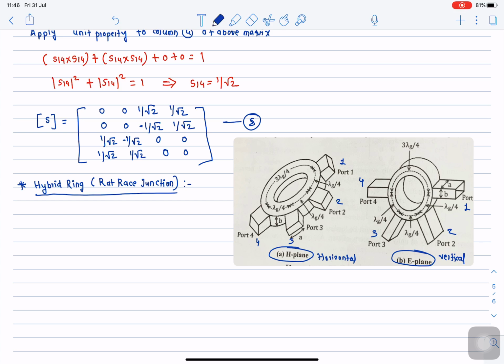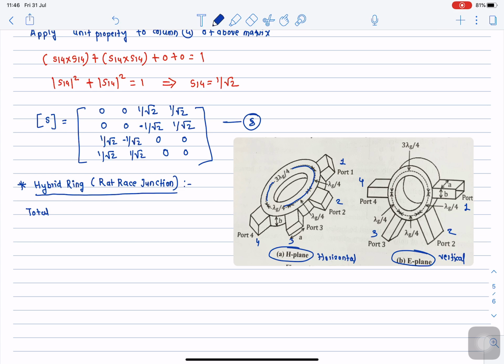Okay, so if you go across all the periphery of this particular circular ring, you will find 3 lambda by 4. So the total periphery I will write over here. Or if you completely make one trace along the circular dimension of this rat race junction, the total circumference I will write here: half of the circumference is indicated over here, it is 3 lambda by 4.